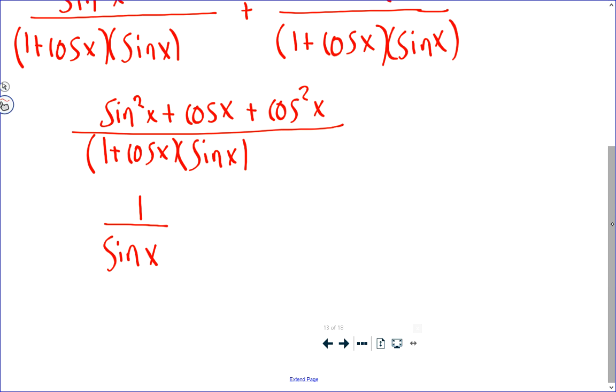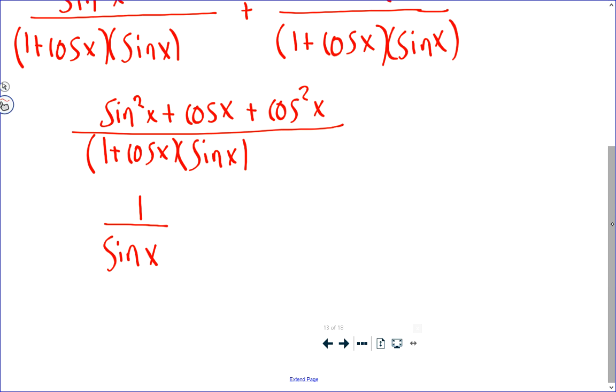And I would stand there and I would wait. And sooner or later, 1 or 2 students would start to nod and go, oh yeah, it is 1 over sine of x. And I would say to the class, everybody think about that for a second. Just take a look at the top and what's contained on the top and see if you can figure out why it becomes 1 over sine of x.